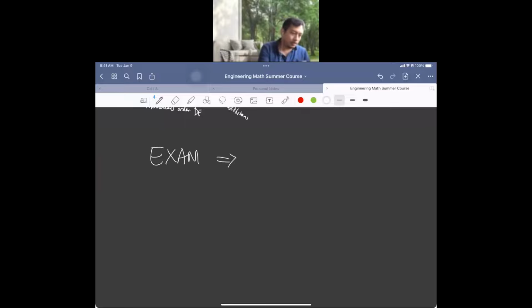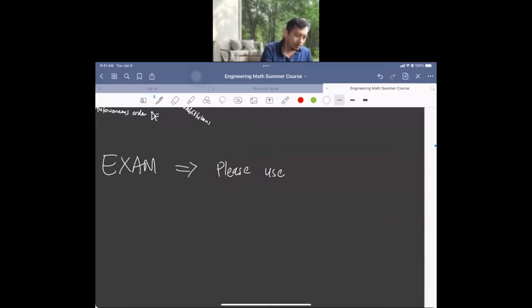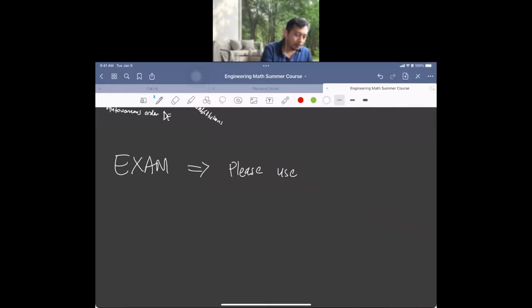But if you are using a Windows laptop, please use, let's say, the private browser. If you are using Chrome, you can use the incognito tab, or incognito mode.